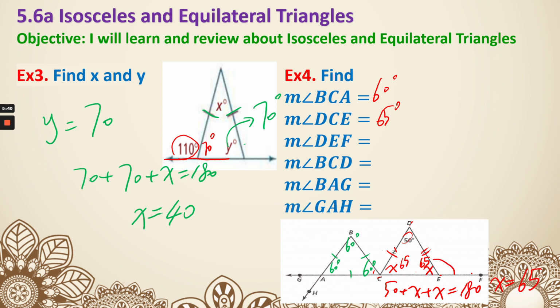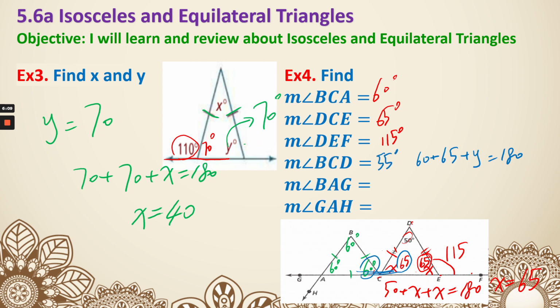So 60 plus 65 plus, let's call that y, equals 180. After solving, our y should actually be 55 degrees. EAD is outside the 60 degrees, so that is 120 degrees. And GAH is the vertical angle with the 60 degrees, so it's 60 degrees. That's example 4.